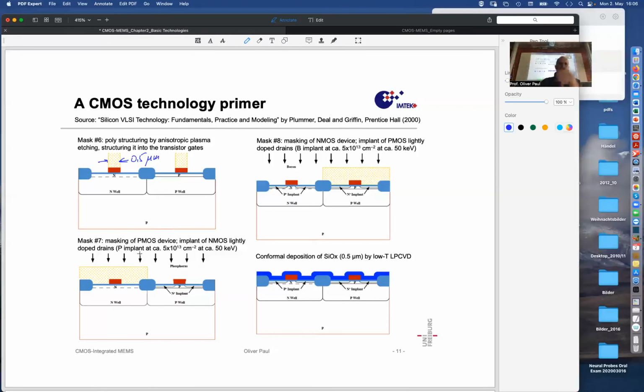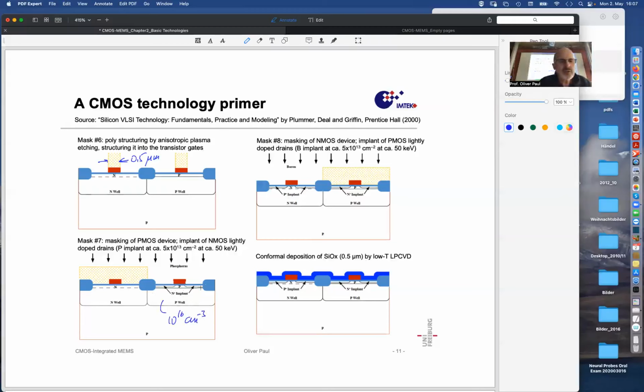And the first step, which requires, again, partial masking of one side and ready access to the other side, as we have seen several times already so far, is then to implant what is called a lightly doped drain, lightly doped source at the same time. But it's called LDD, lightly doped drain, because it's one process. And that means that we are adding to the dopings we already have, namely the doping of the P substrate, and then this P well dopant may be doped to now a concentration of, what would I say, 10 to the 16 per cubic centimeter.